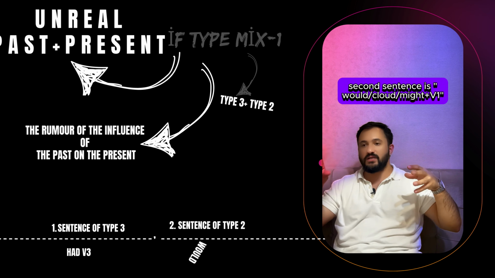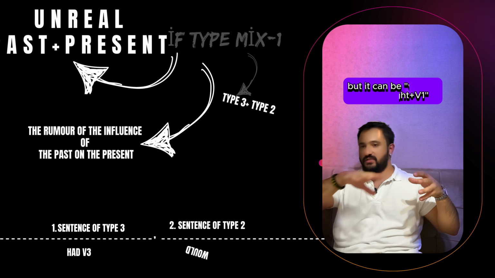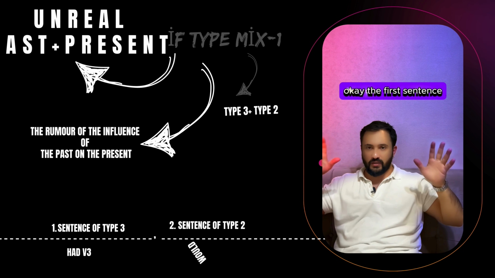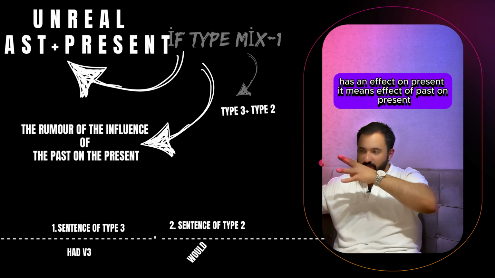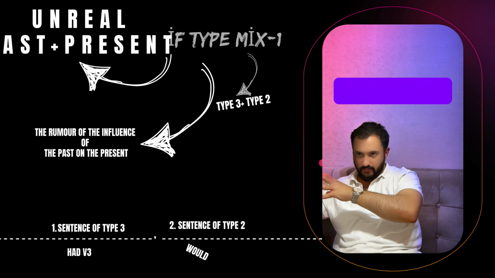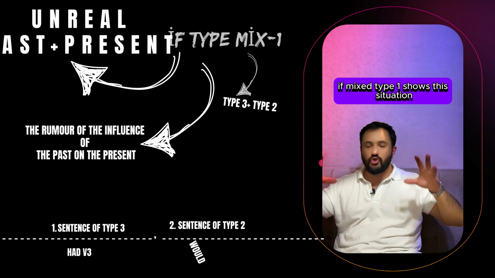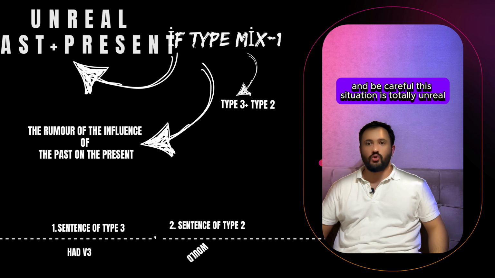The second sentence is would, could, might plus verb 1. I just wrote would here, but it can be would, could, might plus verb 1. The first sentence has an effect on the present. It means the effect of the past on the present. Mixed type 1 shows this situation. And be careful, this situation is totally unreal.